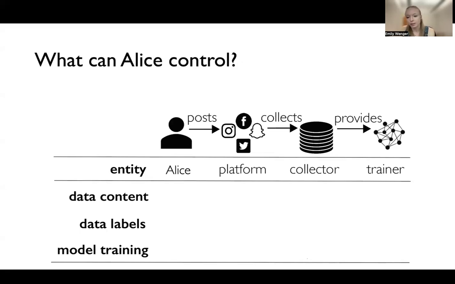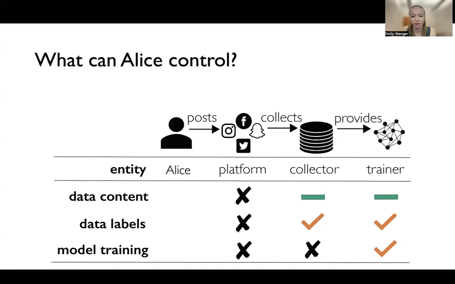And the platform and the collector and the trainer may or may not be different entities. The collector and the trainer have the most power. The trainer can change how the model training proceeds, and both the collector and the trainer can assign data labels and change them to be perhaps something unexpected. However, it's unlikely that they will do much to modify the content of the data that they have because it's valuable to them and they collected it. So it seems reasonable that they would keep that unchanged.